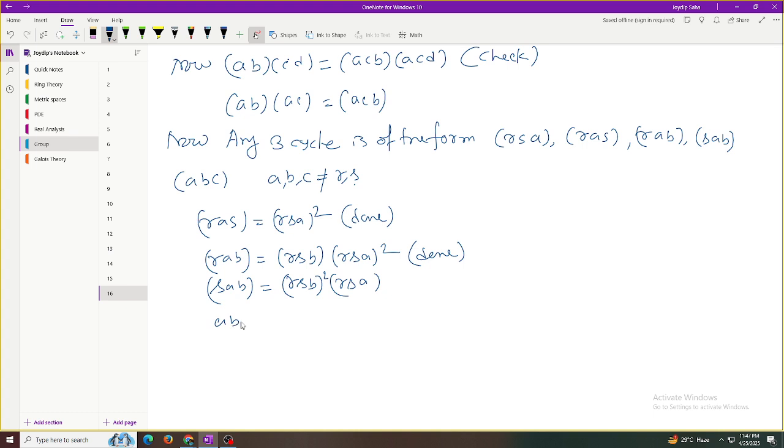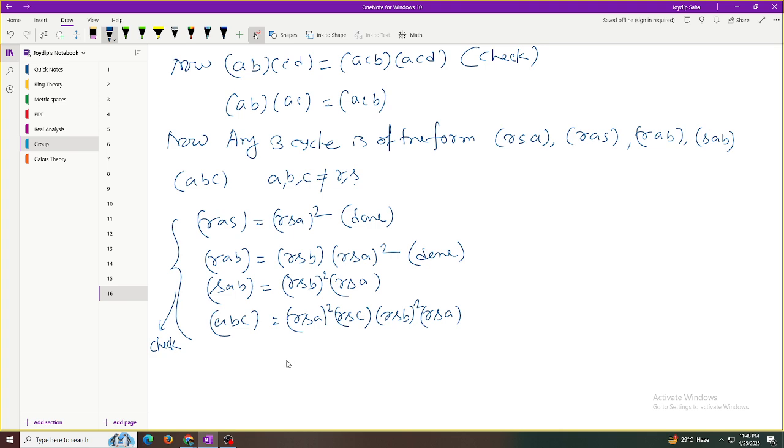And ABC is (RSA) whole squared (RSC)(RSB)(RSA). The last one is difficult.